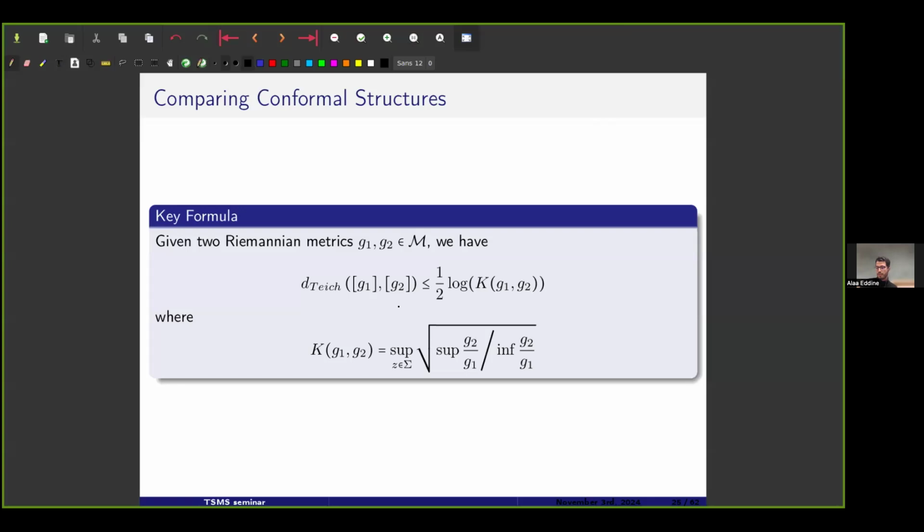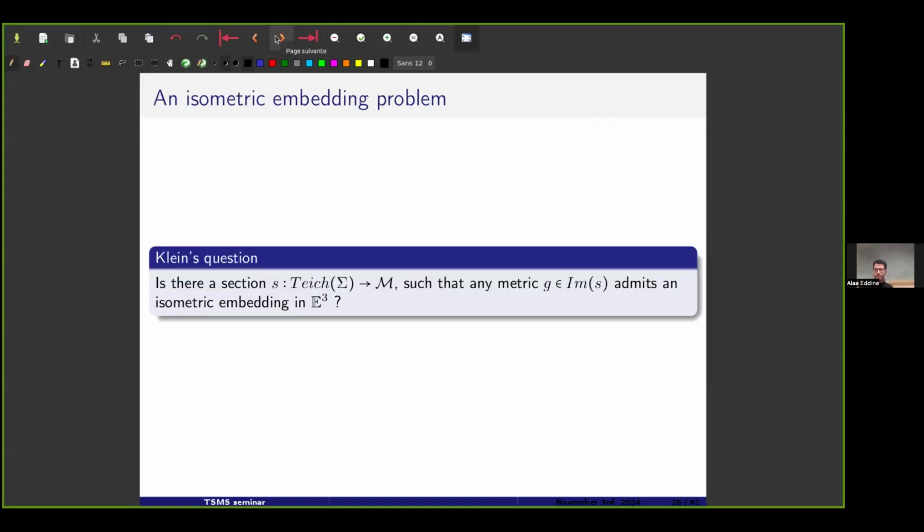Okay, so usually we cannot compute this distance, but we always have this inequality, and this is what we are going to use. So that's it for Teichmüller theory, and now I just want to reformulate the question, the conformal embedding problem, into an isometric one.